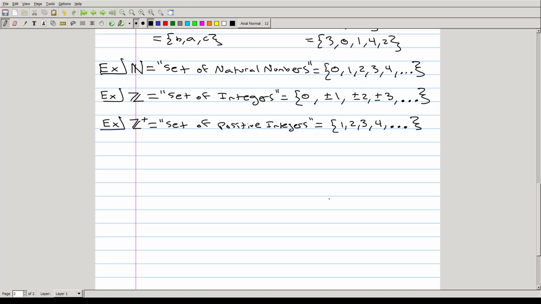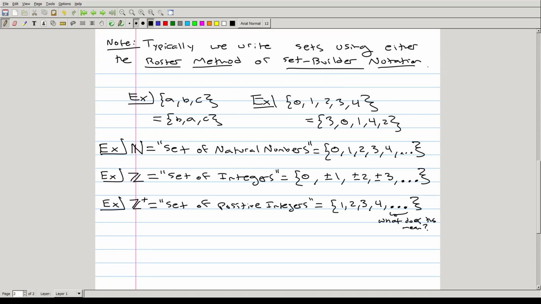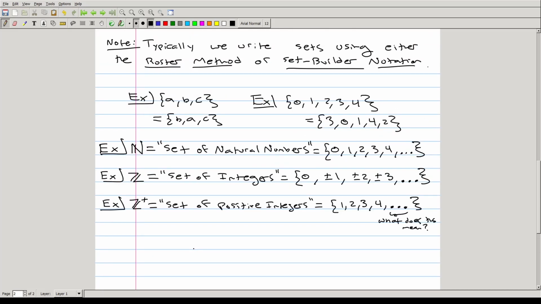And again, you can ask, well, this ... here is a little bit ambiguous. But typically, when you see something like that, it means that judging from the pattern of the first couple terms, you can figure out how to extend that pattern. But we'll see that the roster method for infinite sets is not always the nicest way of doing this.